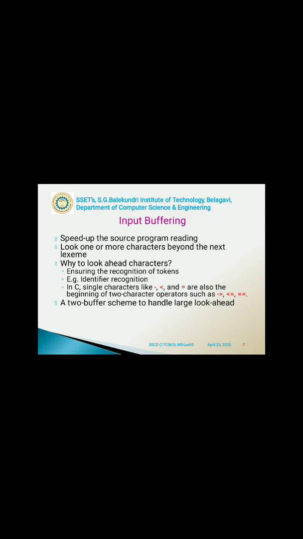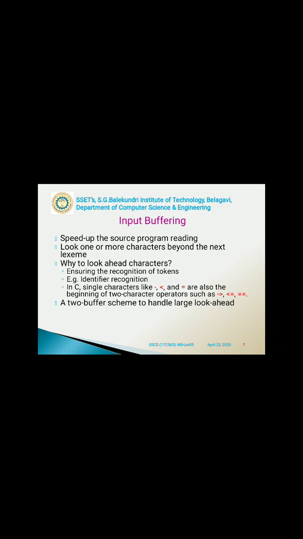If I consider the example of an identifier, it does not mean that the identifier is only a single character. It should be a minimum of one character, but it may be followed by a letter or digit, isn't it? So it is very important to look at more than one character beyond where you are going to consider it as a token.